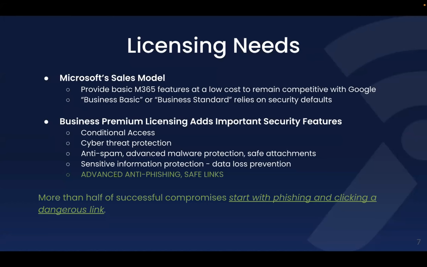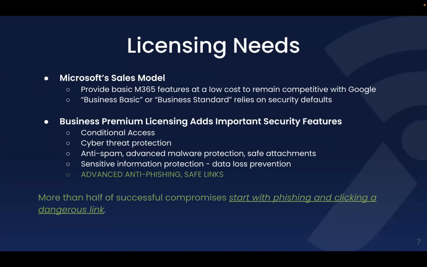The Business Premium licensing adds really important security features. And by the way, we're not shilling for Microsoft here. We don't make any money by people upgrading their licensing. But after years now of operating in this environment and managing a security platform that looks very closely at many different SaaS apps, we've clearly understood that at least a Business Premium or a P1 license is really necessary to add the security features that you need.